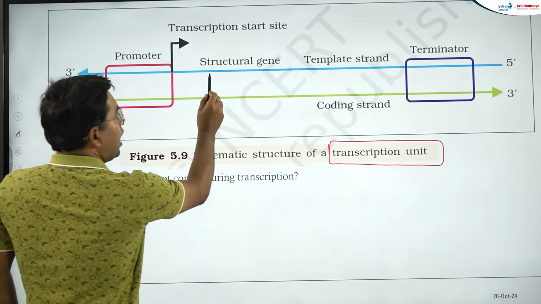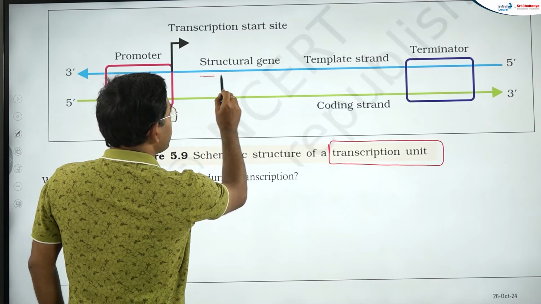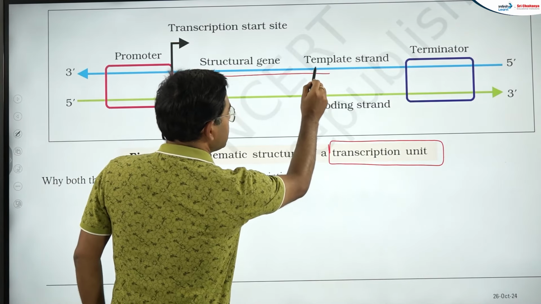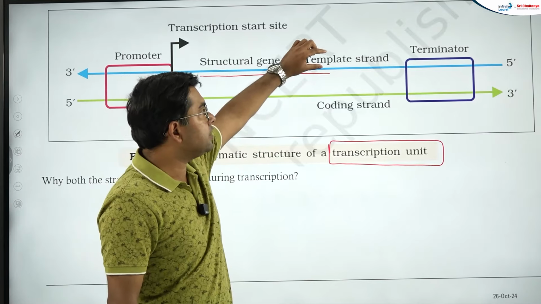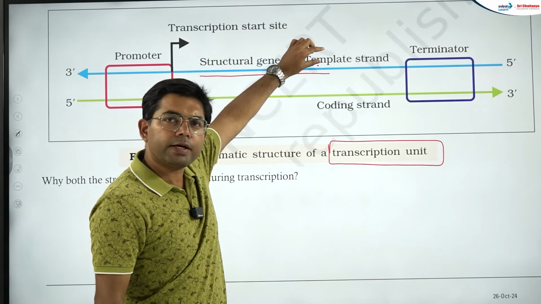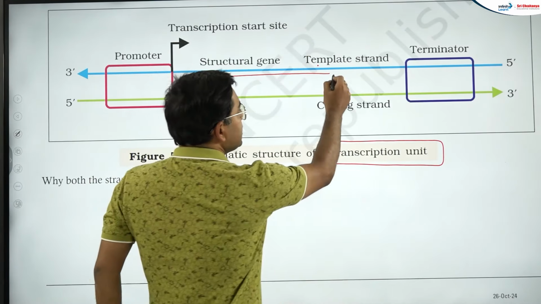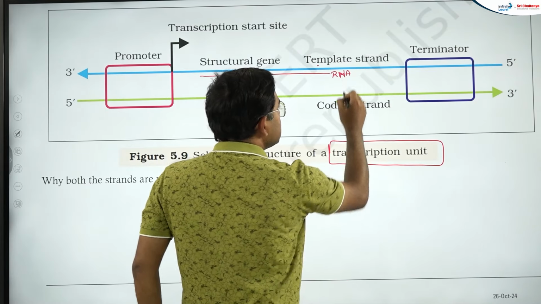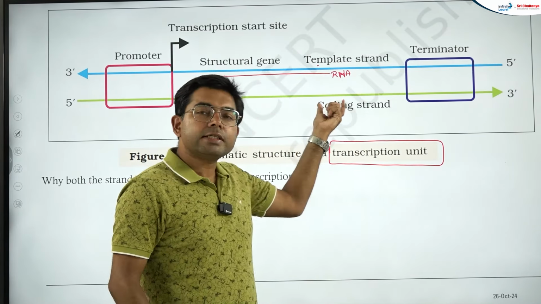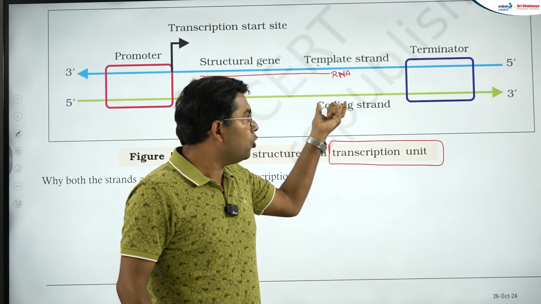Let's say our RNA is formed from this strand as the complementary sequence, as the complementary pair, then this strand is called the template strand. But the synthesized RNA will be similar to the coding strand.